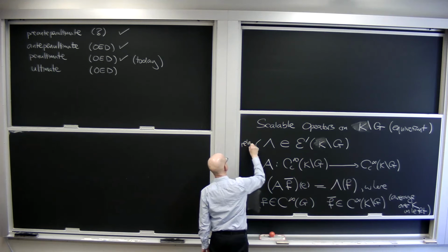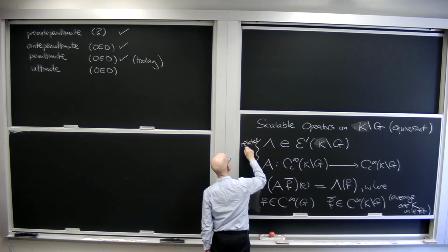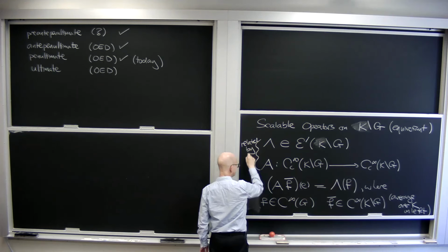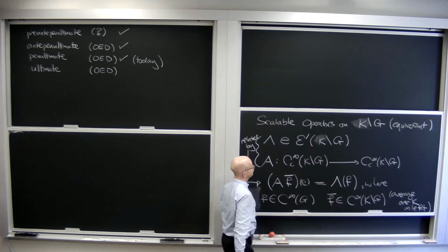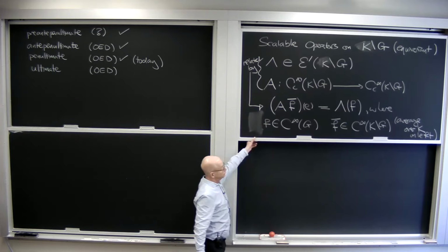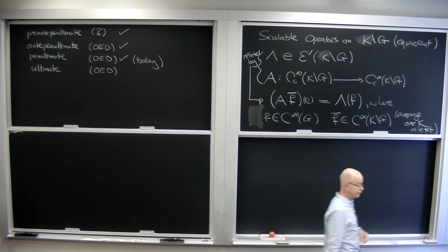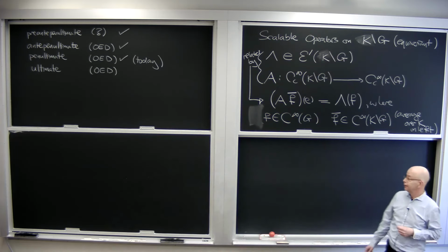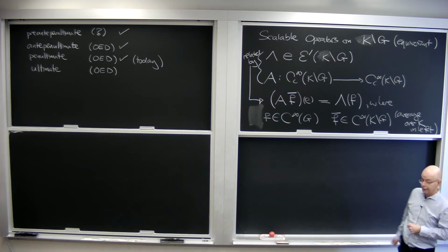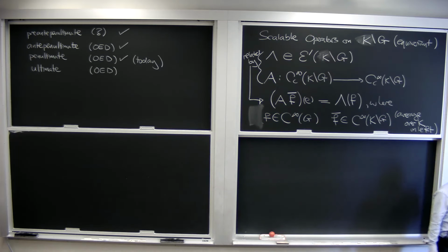So these guys are related by this formula. If you have an operator, you can get a distribution. And if you have a distribution, you can get an operator. And as long as the operator is continuous in this extremely minimal sense that we've been talking about.